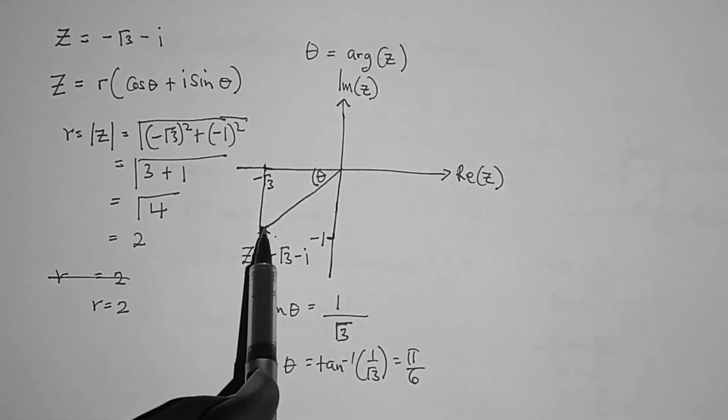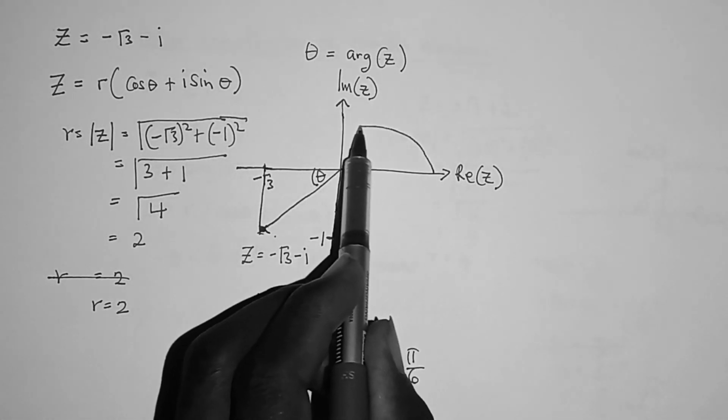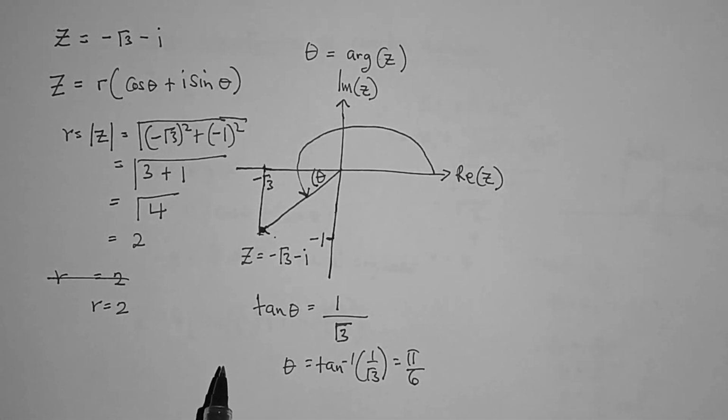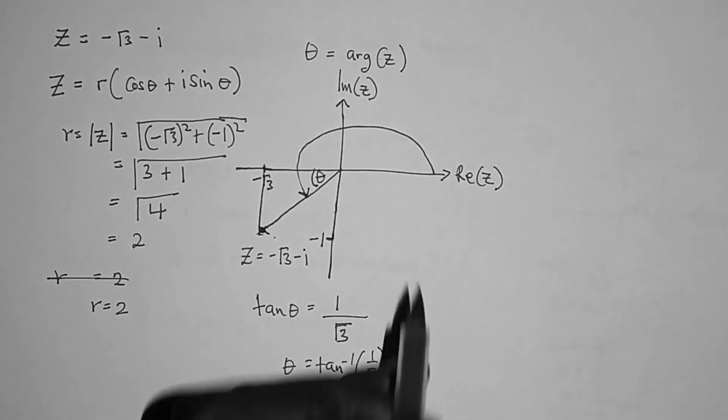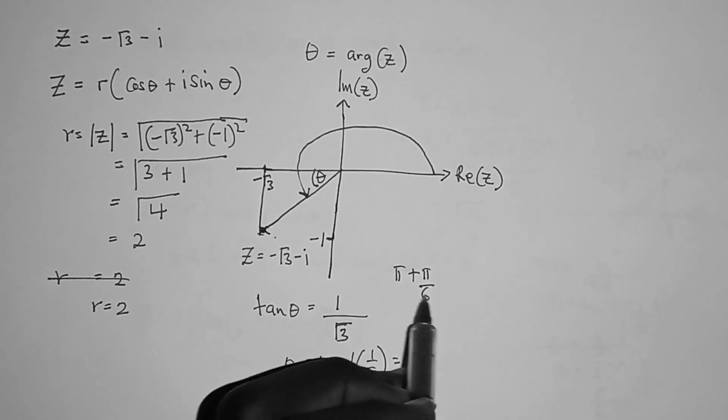However, the angle falls here, so we need to measure all the way from this part to this angle. And therefore, we can find the total angle, which is going to give us pi plus pi over 6.